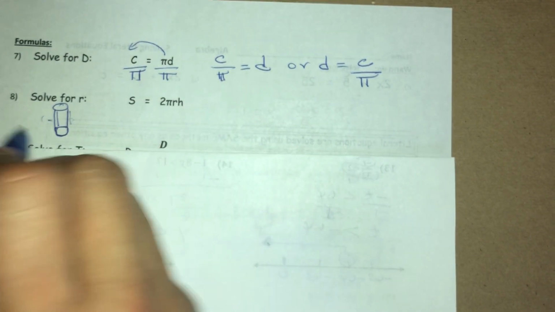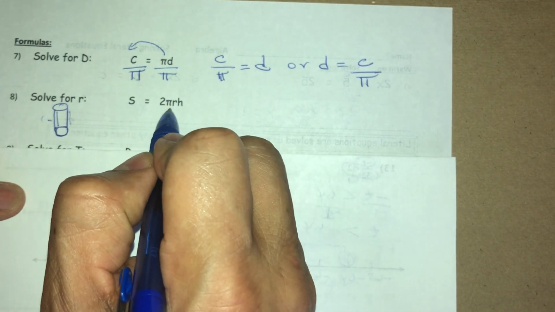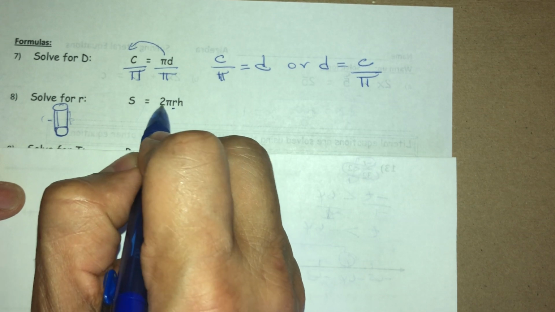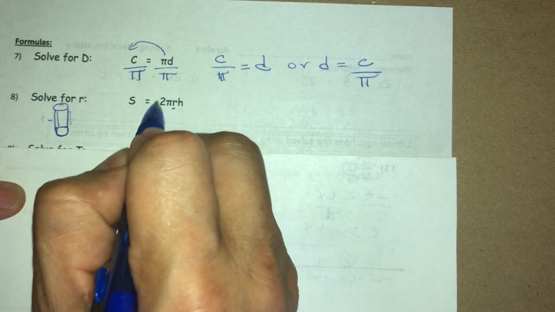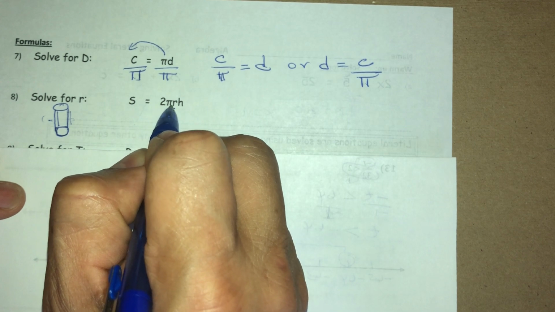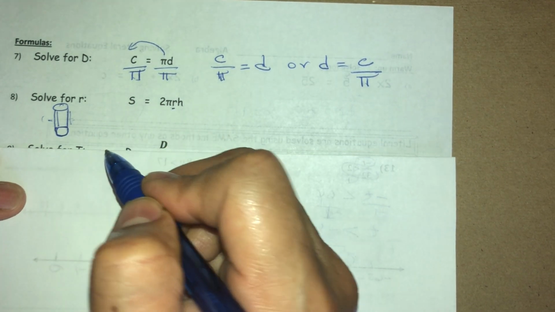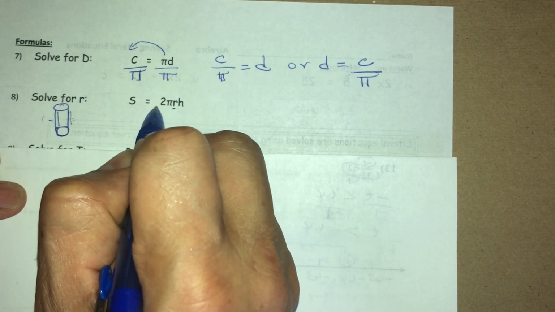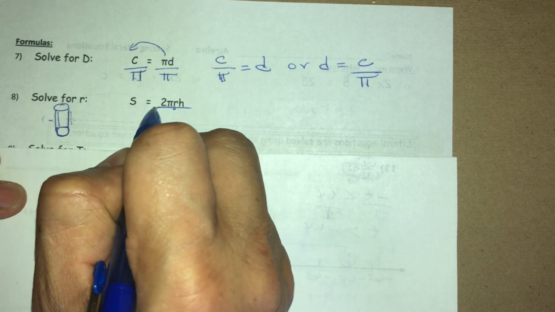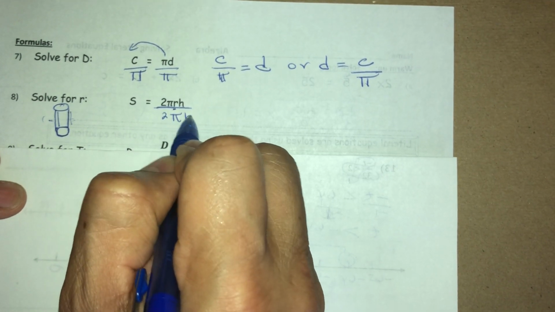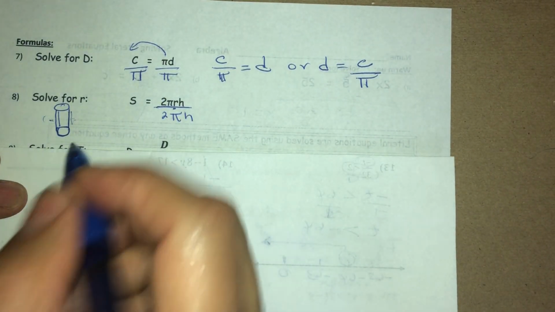So, if I ask you to solve for r, remember, this is r. I want to leave r alone. Easy, because all this means multiplication. So 2 times pi times r times h equals s. If everything is being multiplied and I only want the r to be alone, I can divide by 2 pi h, so I can leave the r by itself.